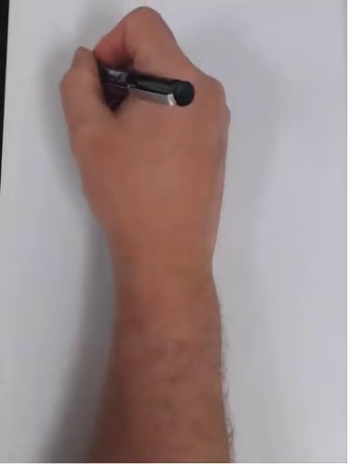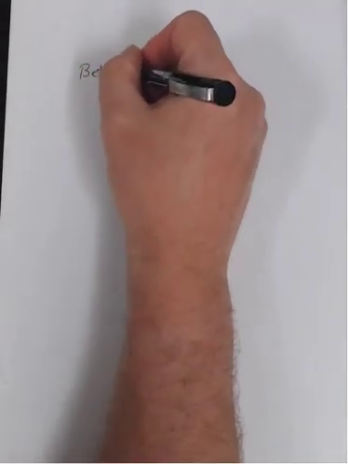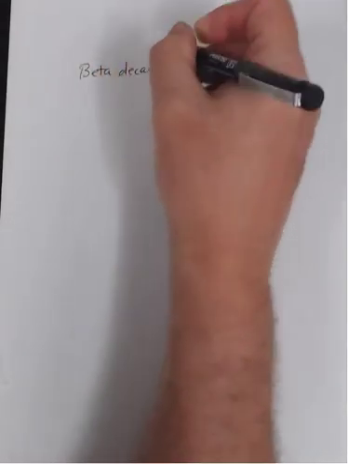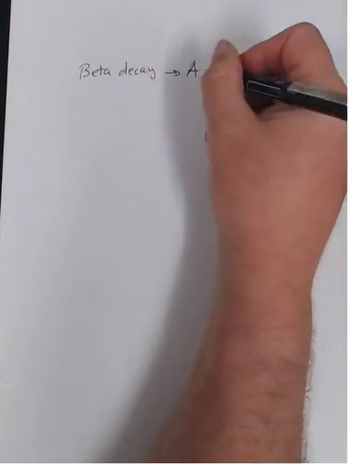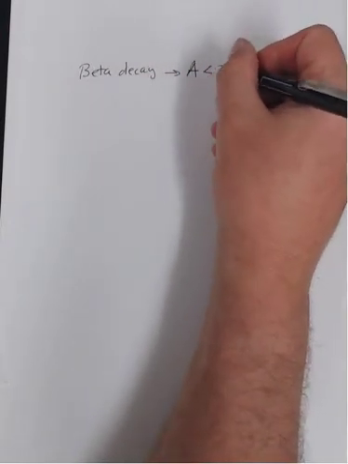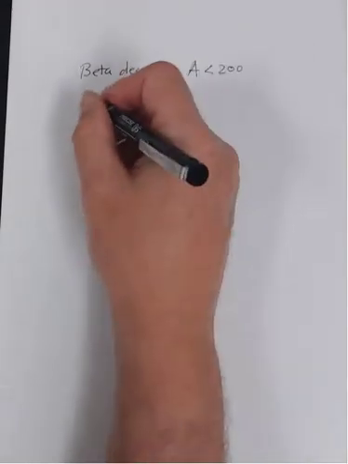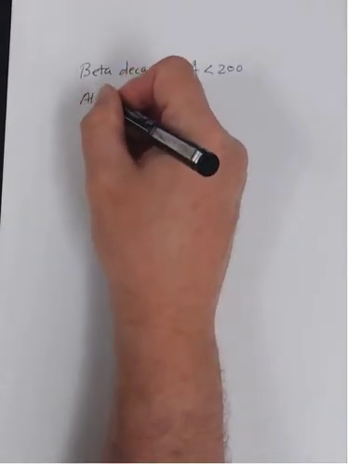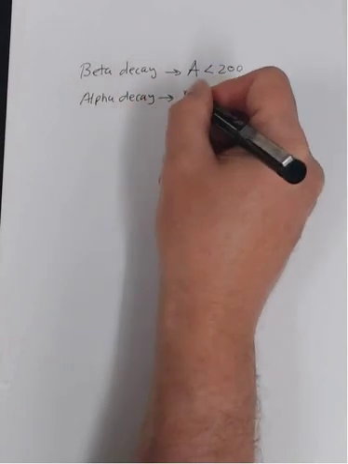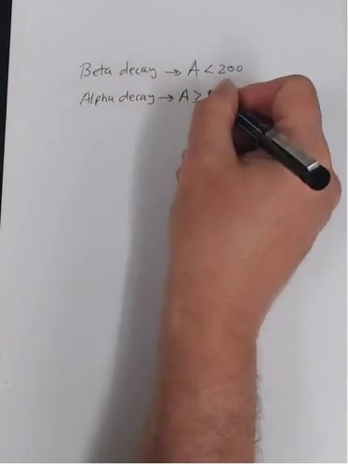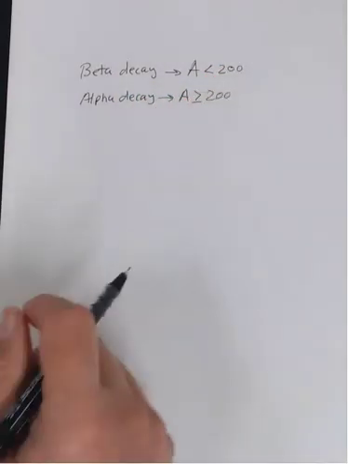So the general rule is beta decay occurs when the total number of nucleons is less than 200, and otherwise they go alpha decay. So that's the general rule.